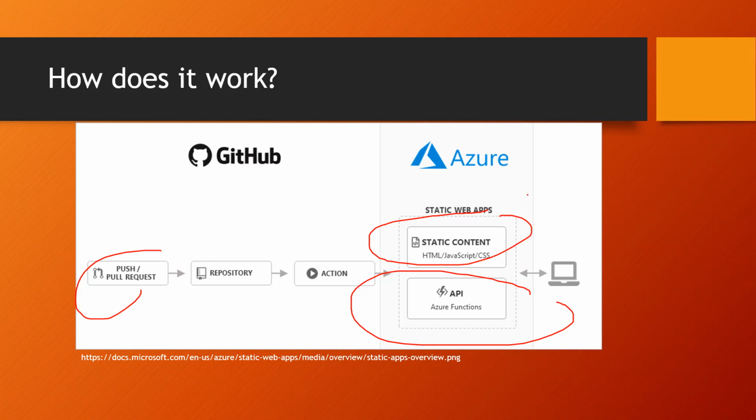When you create the static web app, there are two or three properties that you have to set, as we'll see in the next video, which basically tell static apps where the static content is hosted and where the Azure function or the APIs are hosted inside your code repository on GitHub.